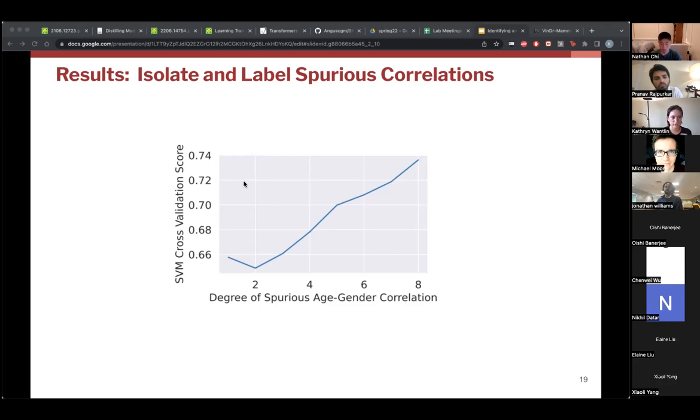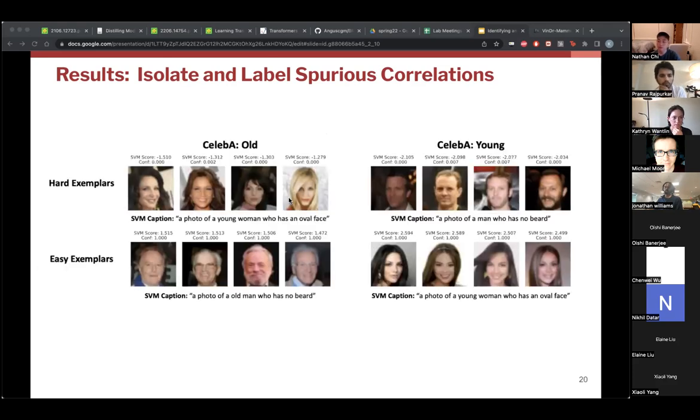So that's just establishing the correlation between those two ideas. And lastly, just some examples for the CelebA data set, showing here the hard versus easy exemplars and the correlation between older women and younger men being harder to classify.